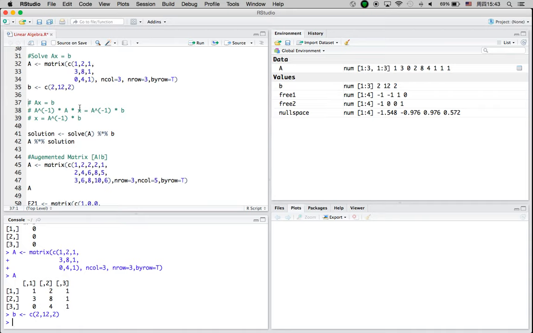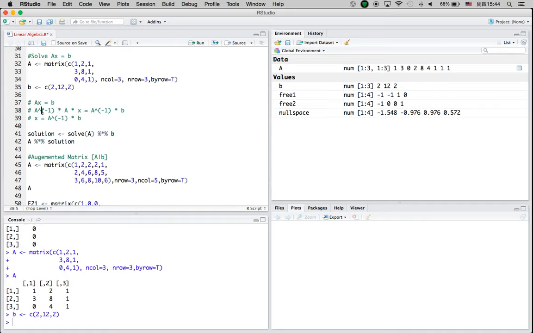It's just another representation of a linear combination. By doing some manipulation of the matrix, we can solve a linear system easily. So here we have Ax equal to b, and if we can find the inverse of the matrix A, we multiply on the left side of both sides of the equation.